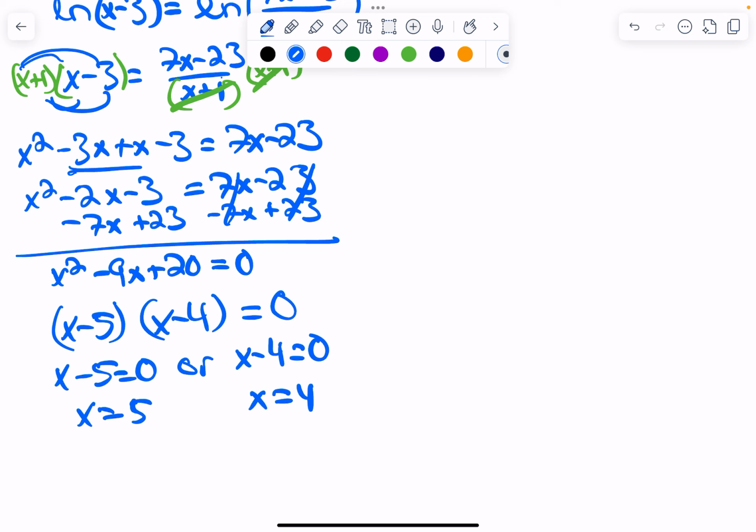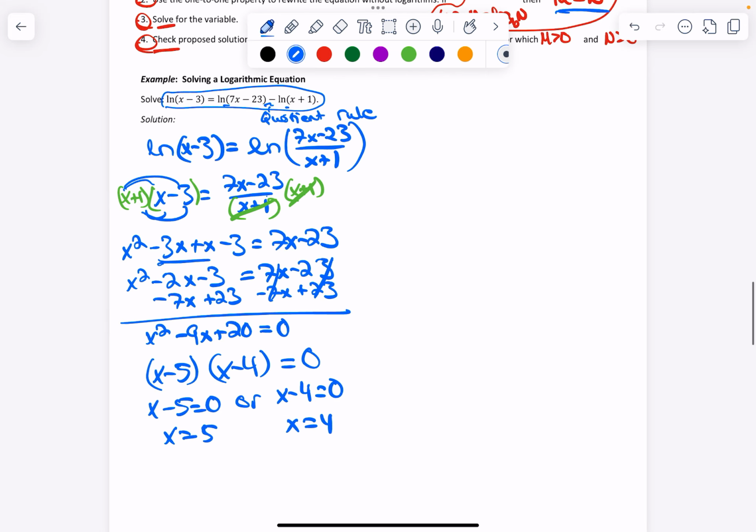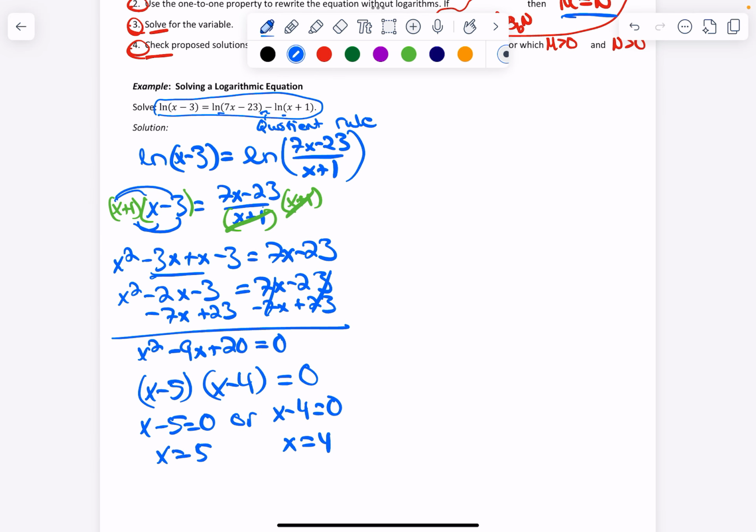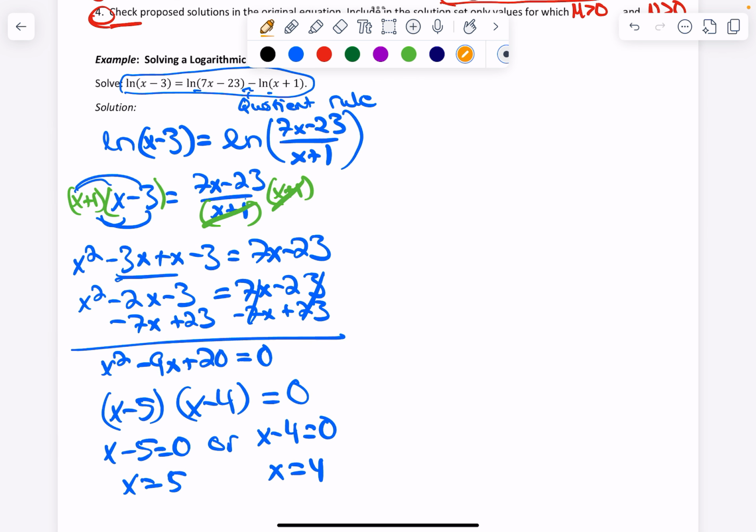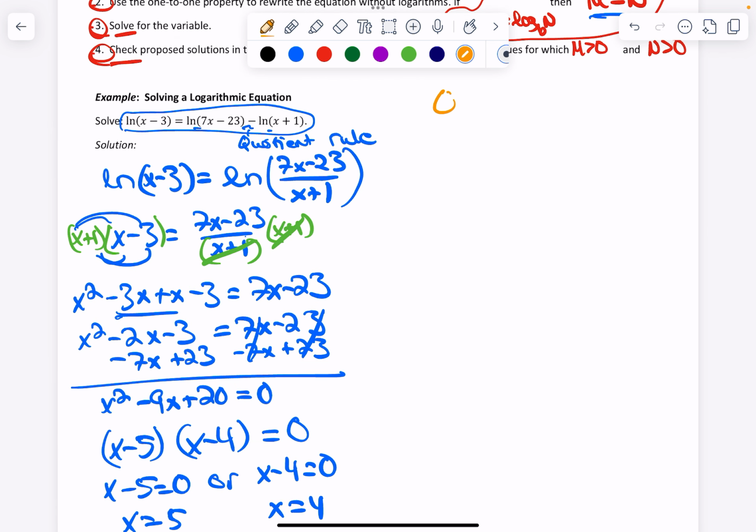We need to check that both of these work. And again, we're checking in the original equation. So plugging it in where the original is, we're going to start with x equals 4.